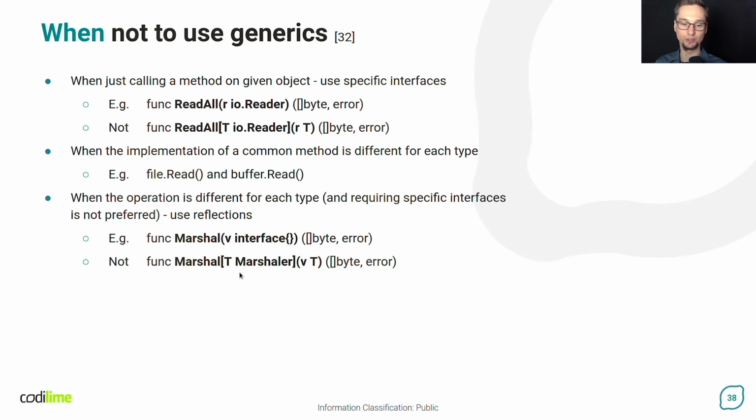So it wouldn't be too convenient for the users of this function, because, for example, if the user has a variable of type int, he would need to wrap his data to satisfy this type constraint.